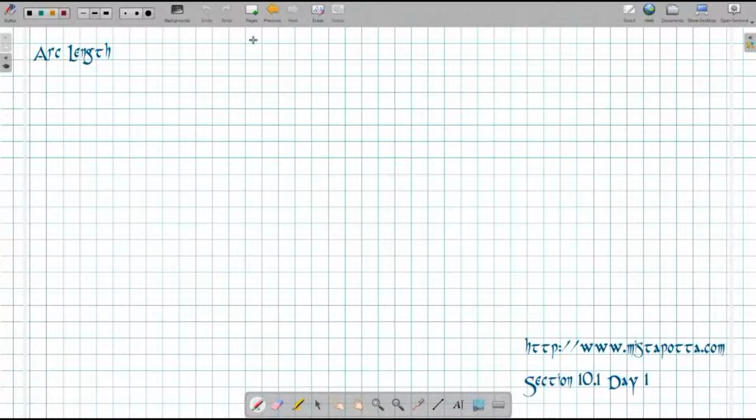The last thing that I want to talk about in today's lesson is I do want to go back to the concept of arc length. When we were dealing with our arc length for a function of y in terms of x, our arc length ended up being the integral from x equals a to x equals b of the square root of 1 plus y prime squared dx.